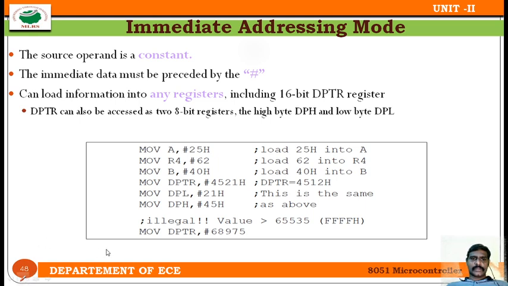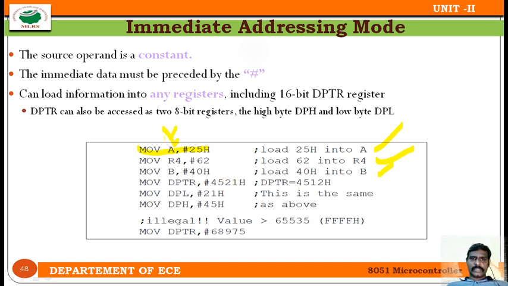In these examples, I am transferring the immediate value 25H into the accumulator A register. So loading 25H into A, 62 into R4, 40 into the B register, and #4521 into the data pointer.